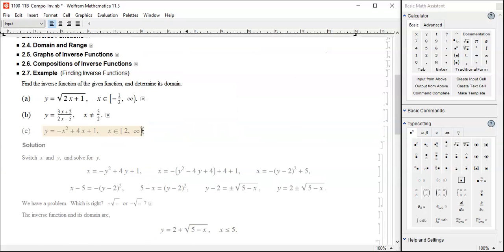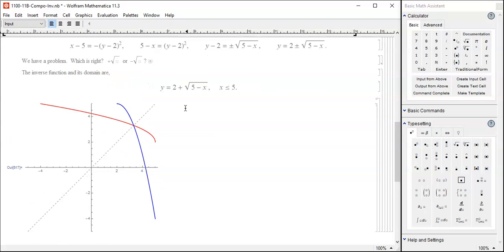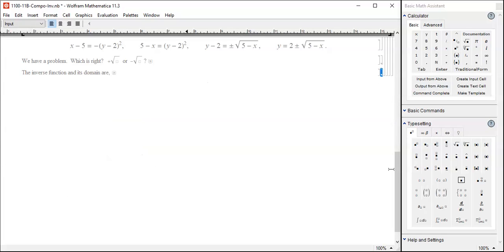And then this one here, restricted to greater than or equal to 2, is this part of the parabola. The other part is thrown away because if we have the other part, then it's no longer one-to-one, so no inverse function. So I have to restrict my domain. If I do that, then we have an inverse function, and we have this principal diagonal and the symmetry and everything.